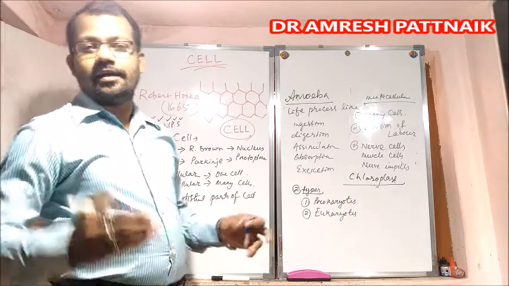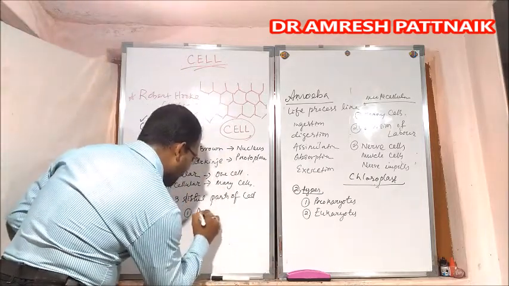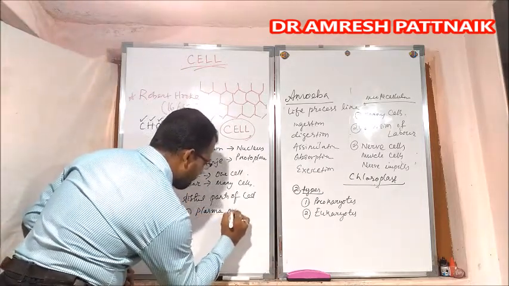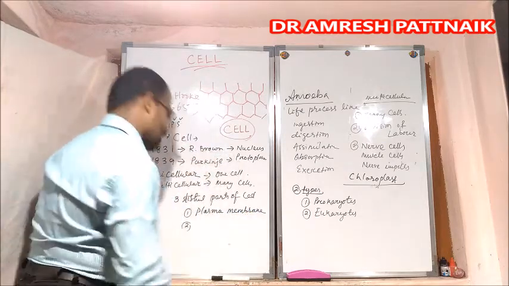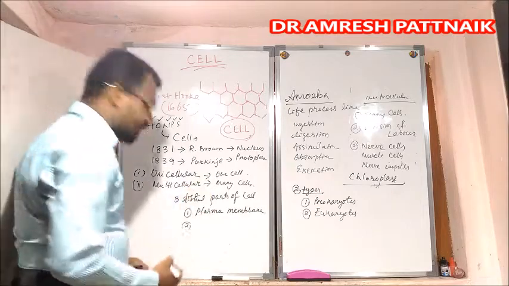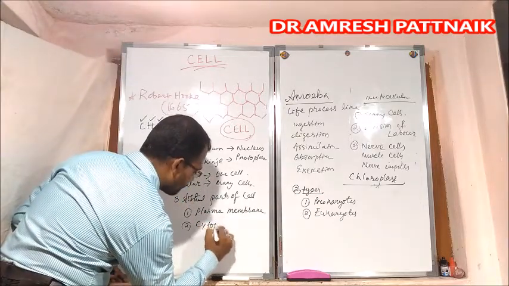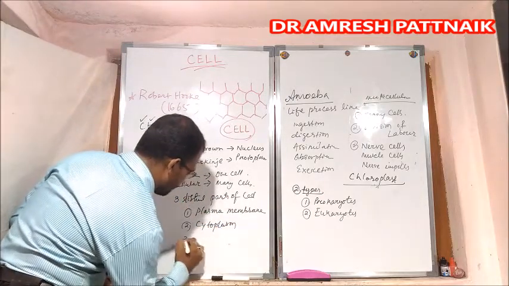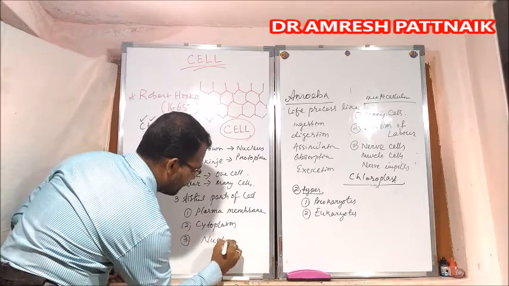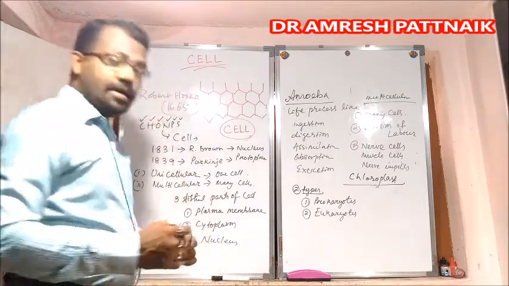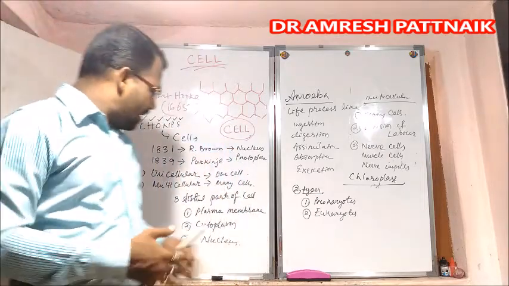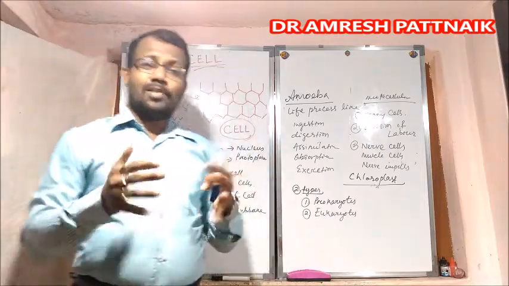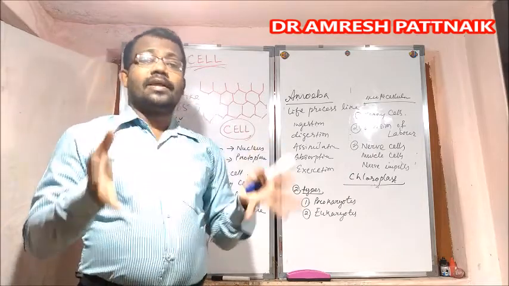Can I say, it's the plasma membrane, number 2 is cytoplasm, number 3 is nucleus. Plasma membrane, cytoplasm and the nucleus. Plasma membrane, as we know, is the covering of the shell.